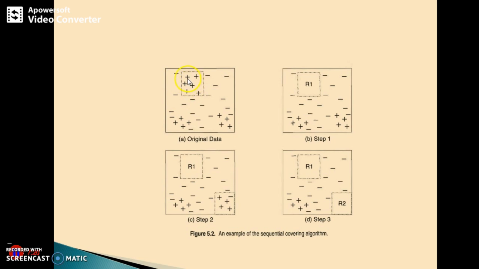You can see many plus and minus signs. What is it indicating? There are 1, 2, 3, 4, 5, 6, 7, 8, 9, 10, 11, 12, 13 and 14 plus. It indicates that there are 14 records which belong to the positive class. The rest of the records are all belonging to the negative class, correct?